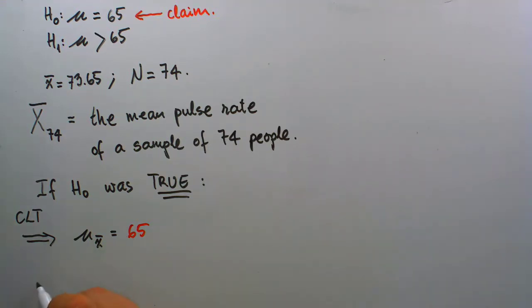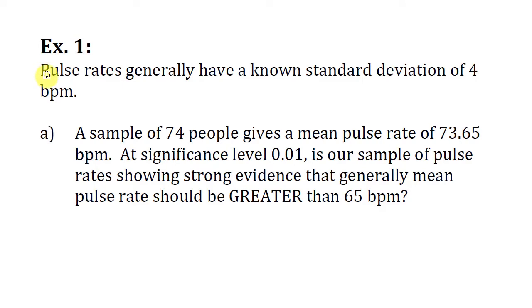And further, as a further consequence, according to the central limit theorem, now back on the wording of the problem, the wording says pulse rates generally have a known standard deviation of 4 beats per minute. So this known standard deviation of 4 beats per minute is, in other words, our given sigma value, because think about how it was given right here.